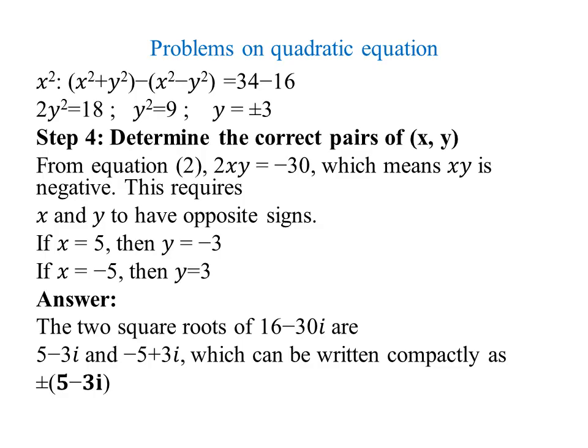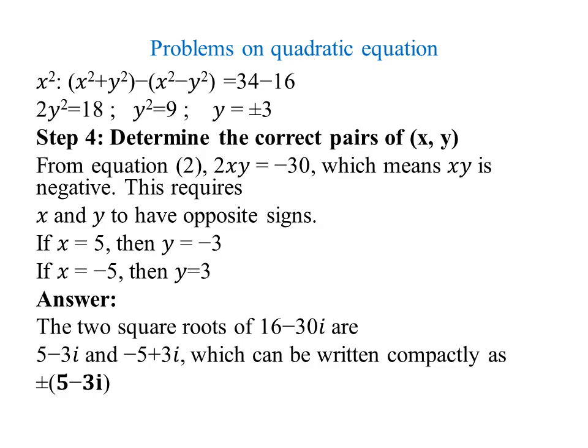In step 4, we determine the correct pairs of x and y. From equation 2, 2xy is equal to minus 30, which means xy is negative. This requires x and y to have opposite signs. If x is equal to 5, then y is equal to minus 3.